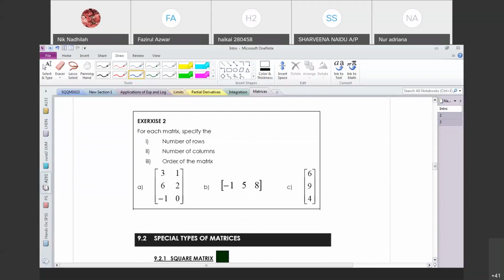Exercise 2. For each matrix, specify the order of the matrix. Let's rename this matrix as A. Matrix A has order 3 by 2, because it has 3 rows and 2 columns.